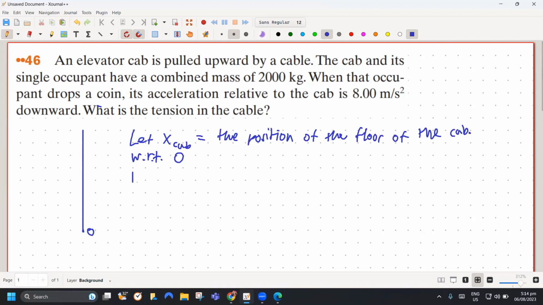Wag mong lagyan ng ano, lagyan mo lang ng X, kasi yan yung magiging variable natin eh. The position of the coin with respect to the ground O.